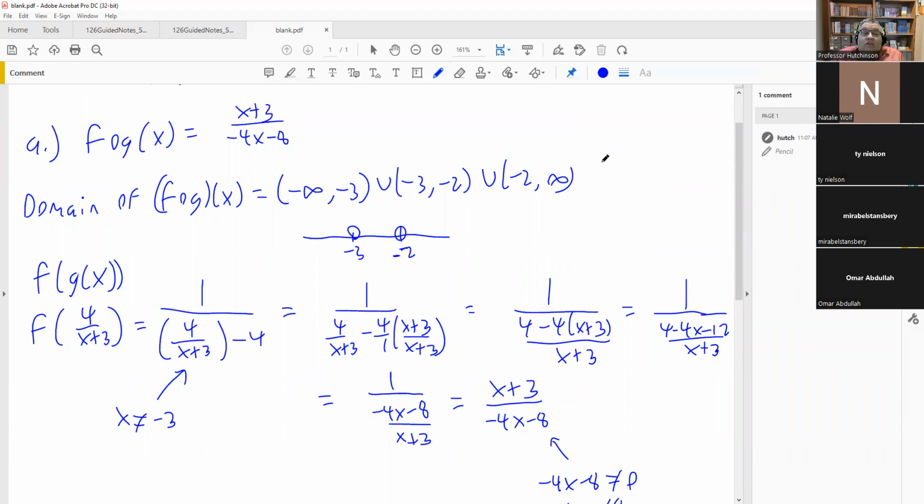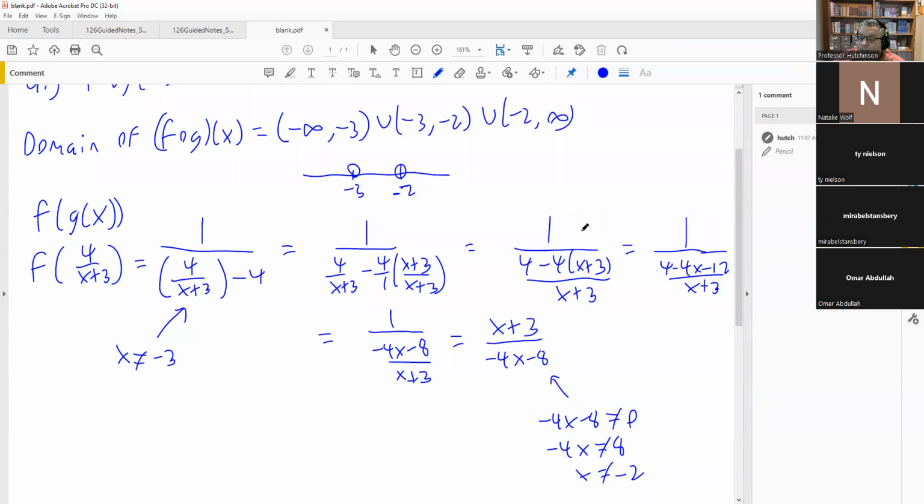Now, what this question is also going to ask you is to find the domain of g of f as well. And so I'm going to go ahead and do that for one more problem for practice. Again, we might go a tiny bit over time, but I want to take the time to make sure everybody understands how to do this one.